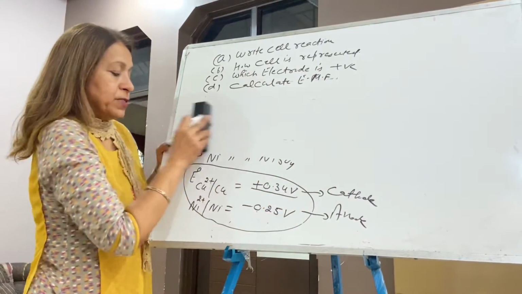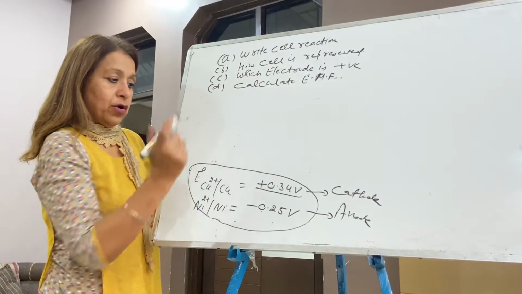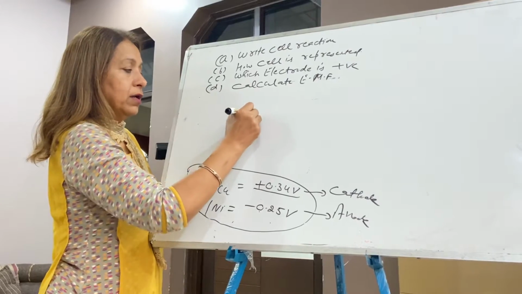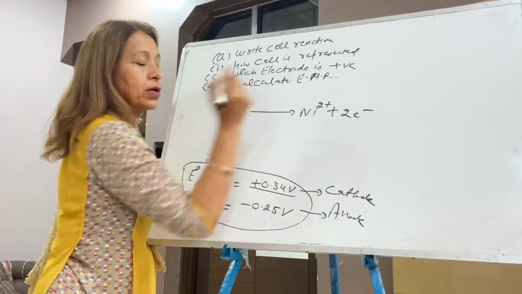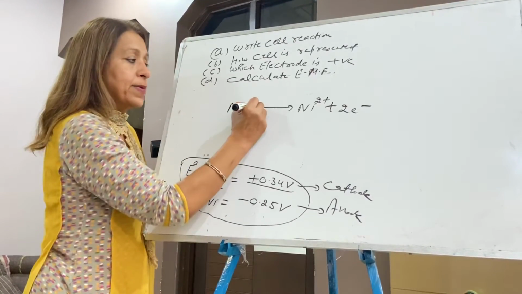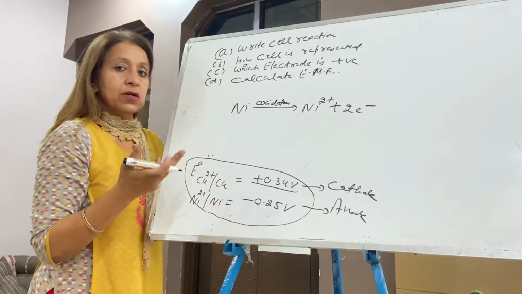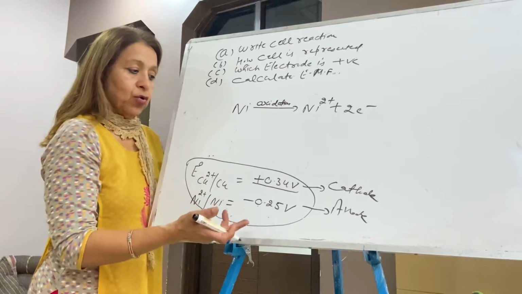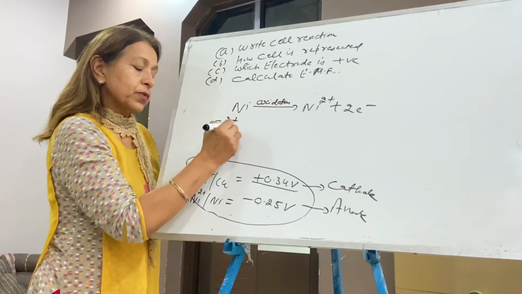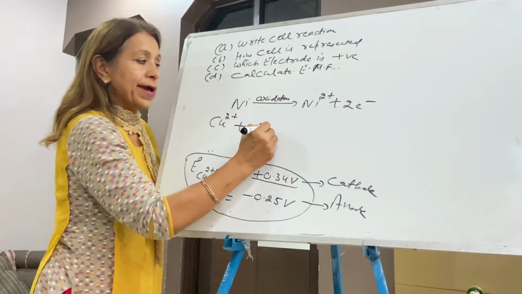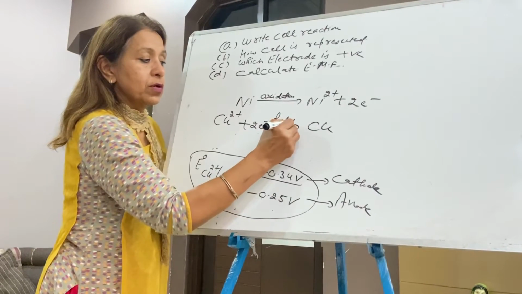Now the cell is between copper and nickel. Nickel is anode. You will write nickel, arrow nickel 2 plus plus 2 electron. Nickel is anode, and anode always undergo oxidation. Oxidation means loss of electron. Copper is cathode, so you will write copper 2 plus plus 2 electron, arrow copper, reduction, and reduction means cathode.